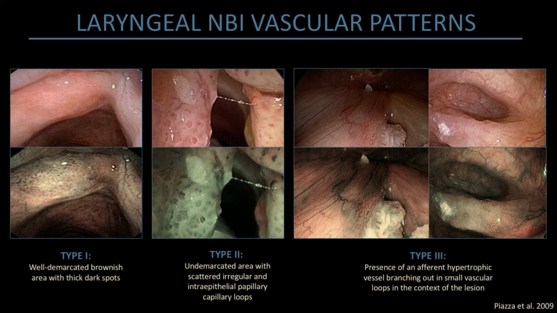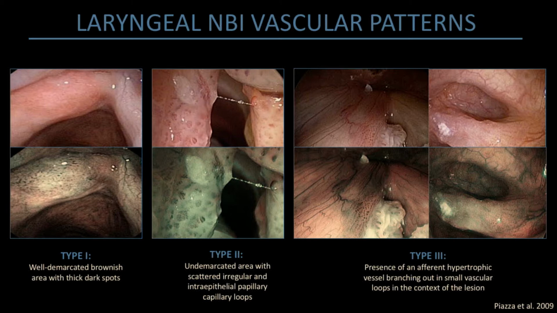In this lesion, you can see three different patterns: the dilated vessel that changes the direction, the dark spot in the surrounding tissue, and the loops inside the lesion.